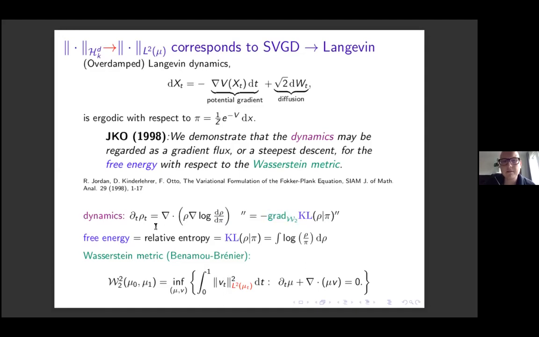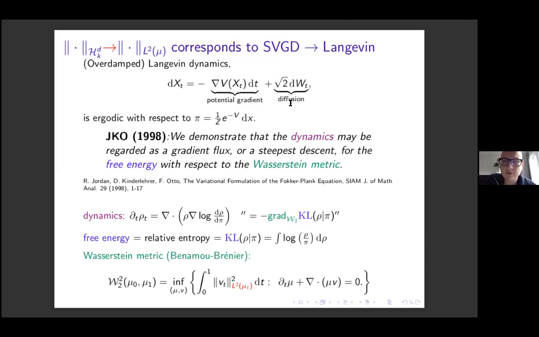And the dynamics associated to this is well known. So it's this Langevin dynamics, which has similar features to this SVGD. So it has similar features, some things are different. For instance, the SVGD dynamics is an interacting system and a deterministic system. This is a system for one particle, but it's random, right? So there's a diffusion, but you can still recognize two ingredients.